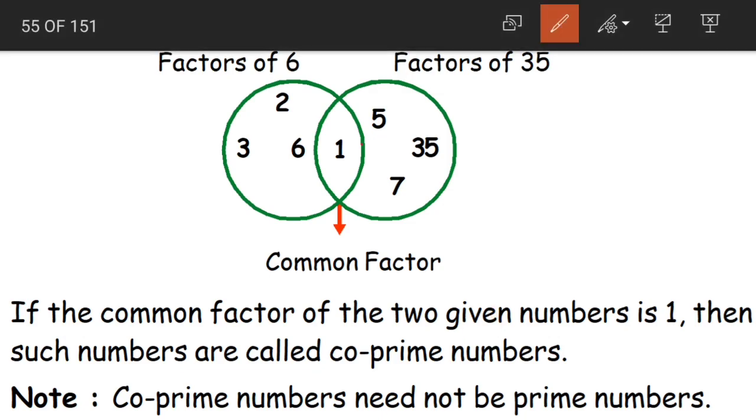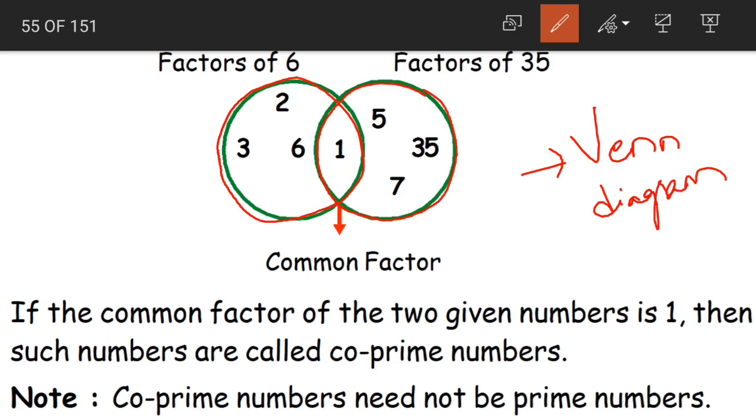Now here the same concept is explained through a Venn diagram. This is called what, children? It is not some circle diagram. It is called a Venn diagram. Understood? Here two circles are shown. This circle has all the factors of 6 and this circle has all the factors of 35. If you look here, both the circles are intersecting.